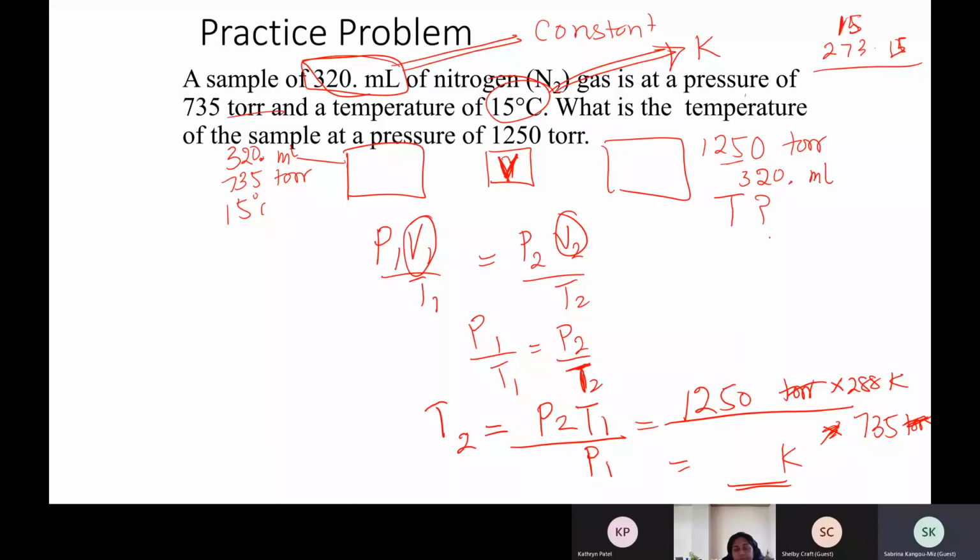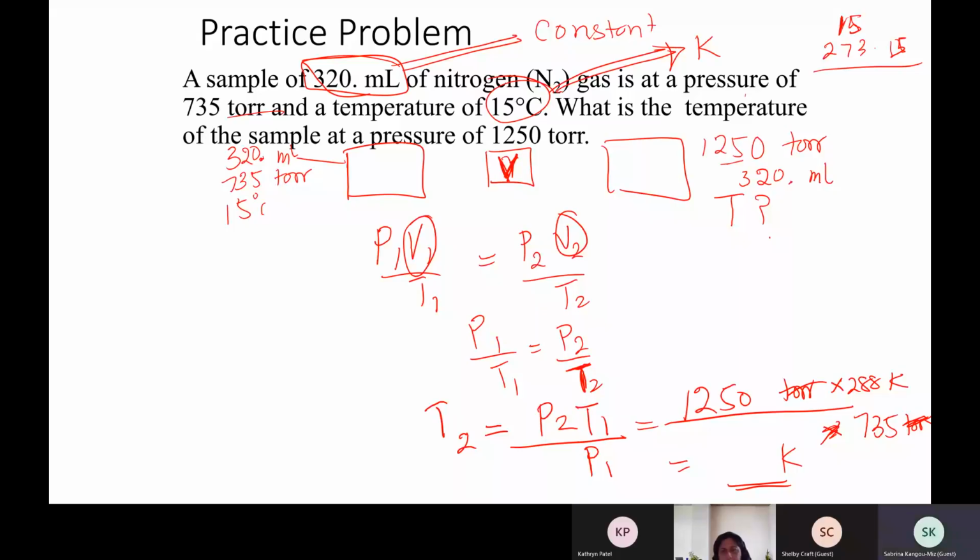I have a question. Could you have also used the ideal gas equation, PV equals nRT, for this one? You would have to use it twice. You know the pressure, but you don't know the temperature.